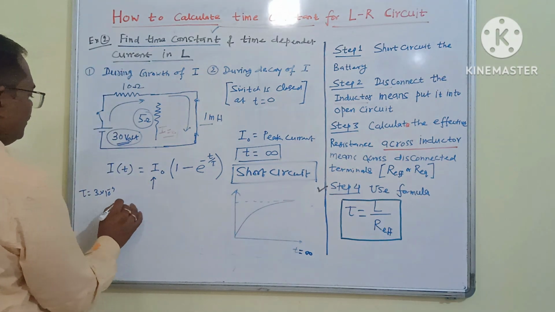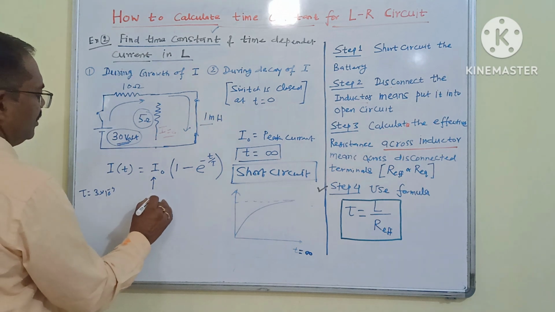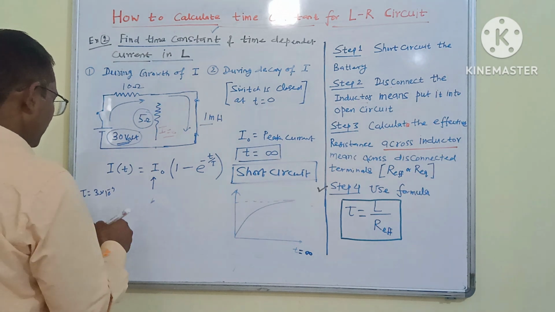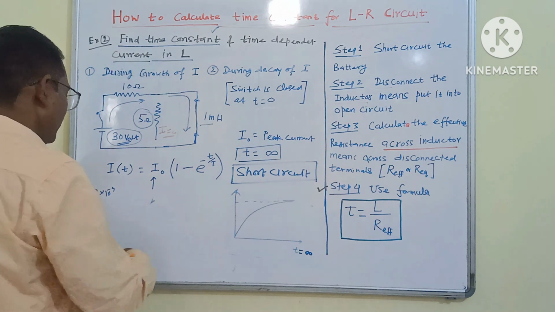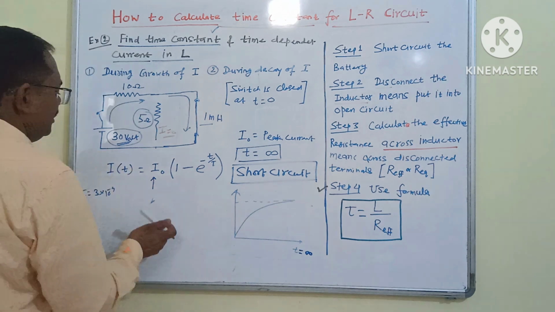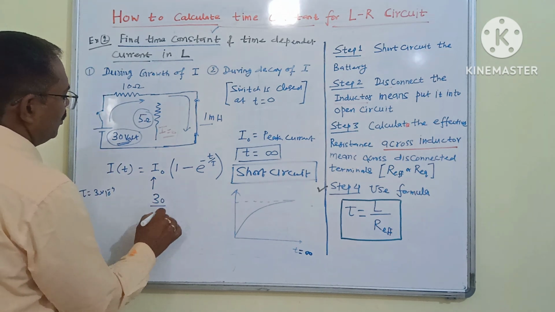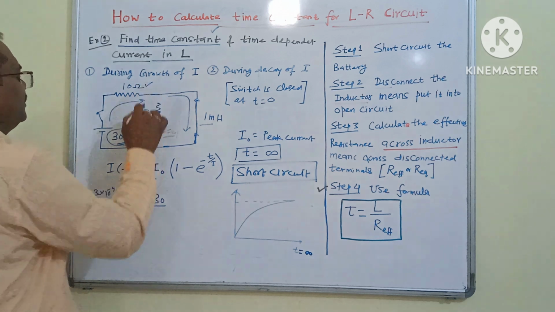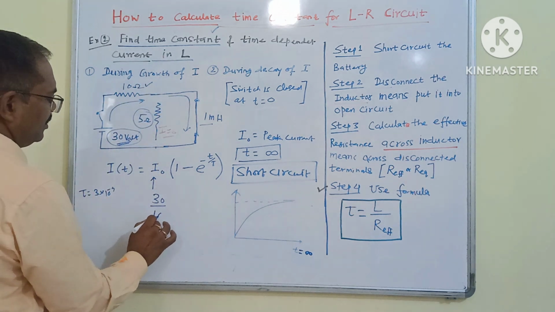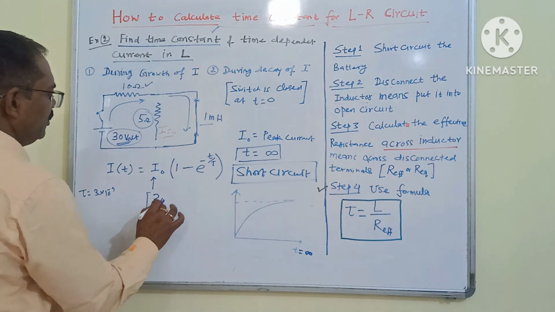Therefore, peak current will be battery potential, that is 30 volt, divided by resistance, that is 10. This is value of I naught.